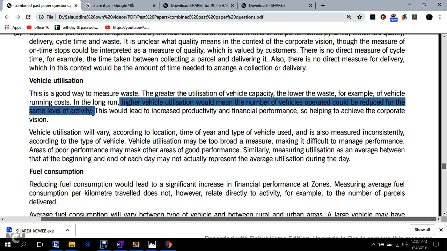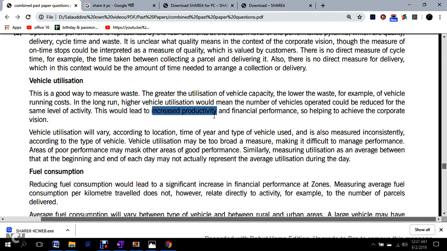If we can utilize our vehicles properly, then we will need fewer vehicles. This would lead to increased productivity. As a result, our financial performance will be good. Fewer vehicles needed means our cost will decrease. We can add value for shareholders. That is the achieving of the corporate vision.